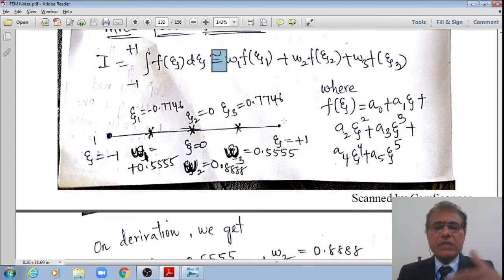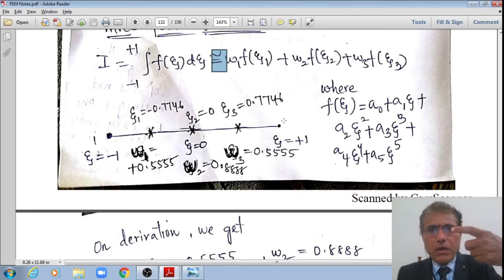Now, as you have discussed in the previous 1-point formula and 2-point formula, now you write the equations. Now you will get 6 simultaneous equations, students. We have seen in 1-point formula, right, 2 simultaneous equations. In 2-point formula, we have 4 simultaneous equations.